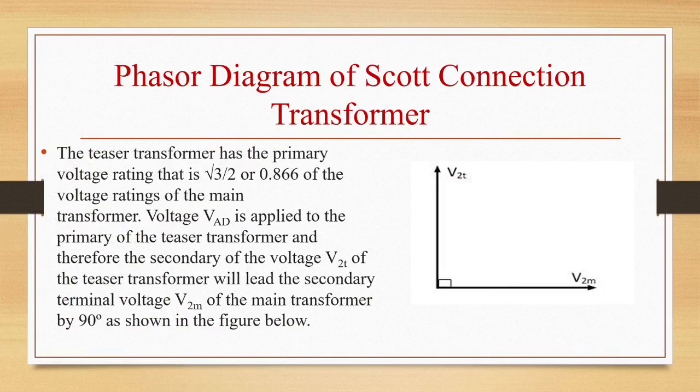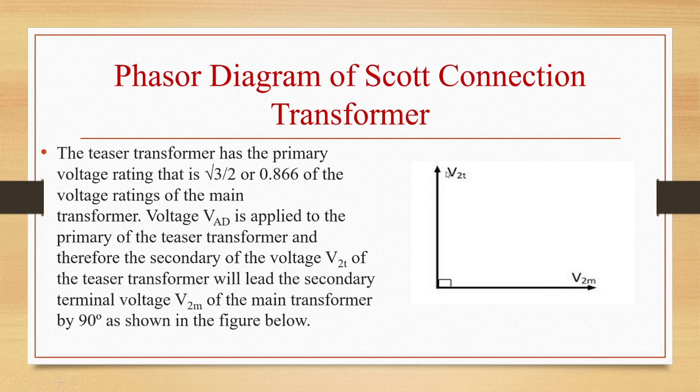So the TZ transformer has a primary voltage rating of root 3 by 2, or 0.866, of the voltage rating of the main transformer. Voltage VAD is applied to the primary of the TZ transformer and therefore the secondary voltage V2T of the TZ transformer will lead the secondary terminal voltage V2M of the main transformer by 90 degrees.